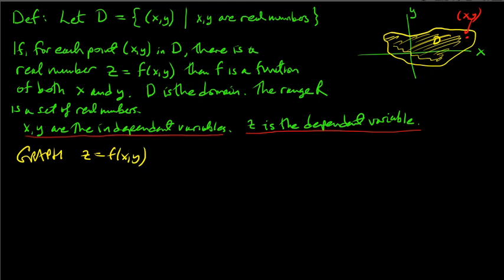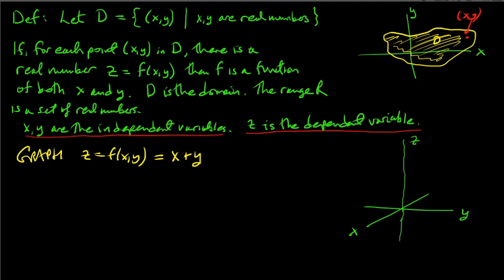So the way we graph a function of two variables, maybe we should just look at an example, just x plus y. So we have a function z, which is just x plus y. And how would we graph that? So here's the xy plane, and so the values then will be on the z-axis.